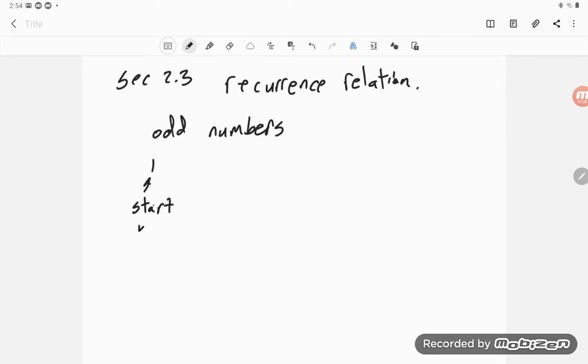I start with 1, so I need to tell you where to start. But then I get the next odd number simply by adding 2, right? 1, 3, 5, 7. And if I'm way up here at 21, I can tell you the next number is 23, because I just keep adding 2 to it.